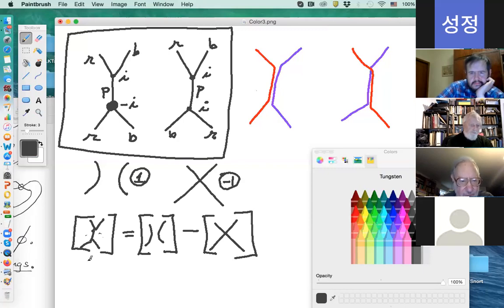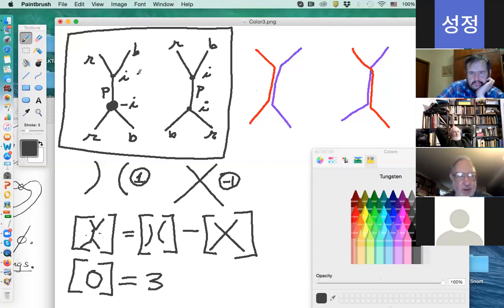And of course, the value of a single loop is 3 because there are 3 colors involved. So this matter of how the vertex weights appear at an edge in the two cases tells you the whole story about the Penrose formula.